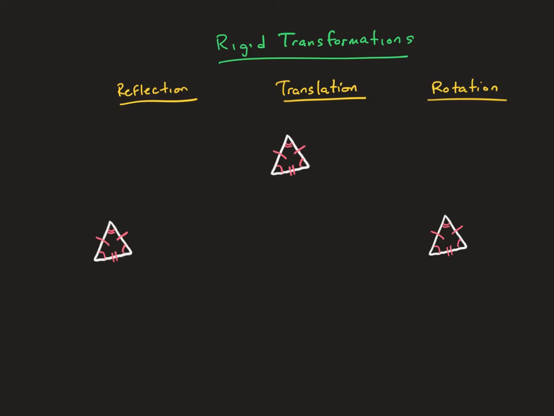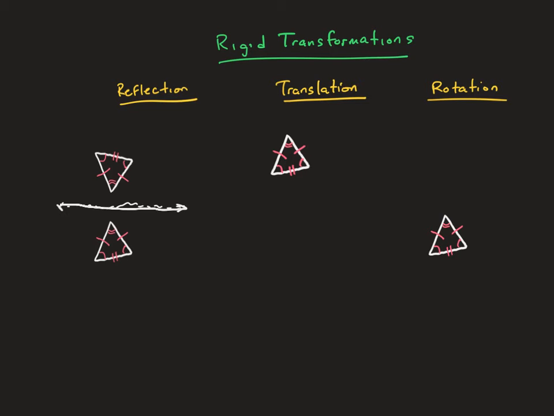So, for example, if we have this imaginary line, and then I were to have a reflection of that image, and we have flipped over and we have reflected over the imaginary line.